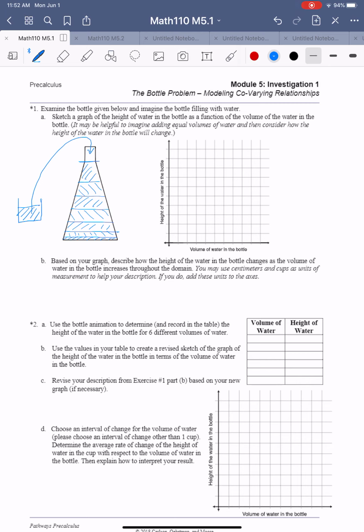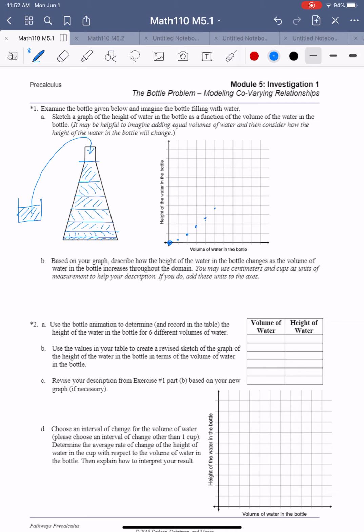So at the beginning, of course, there's no water, which means there's no height. But 1 cup of water, maybe goes this much height. And then 2 cups of water, maybe a little higher. And the third cup goes higher. So there'll be 1 cup, 2, 3, 4, 5, 6, 7 cups.